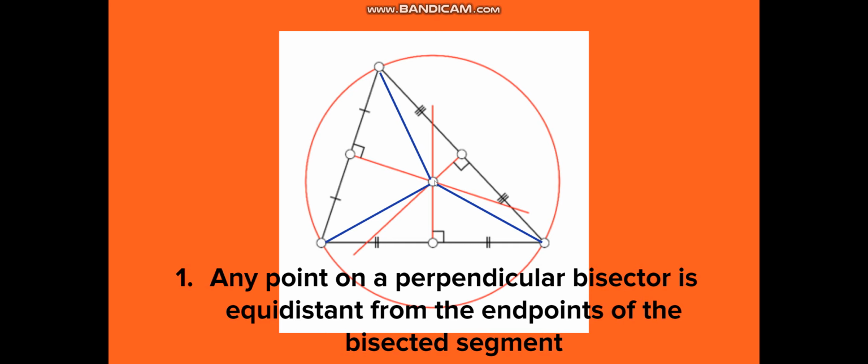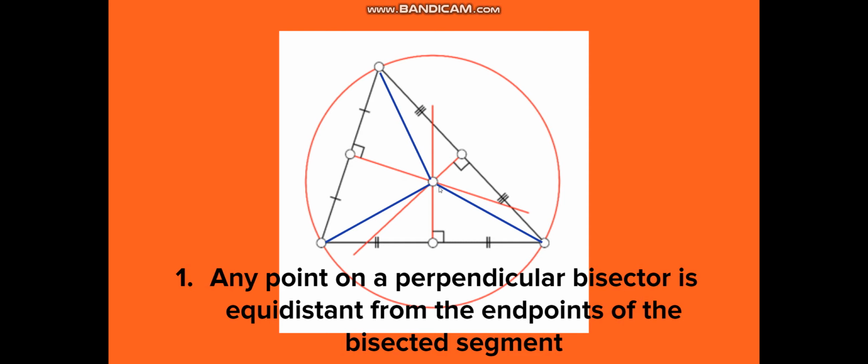We also know that any point on this line is equidistant from these 2 vertices. This one, the same thing. Any point on this perpendicular bisector is an equal distance from these 2 points.